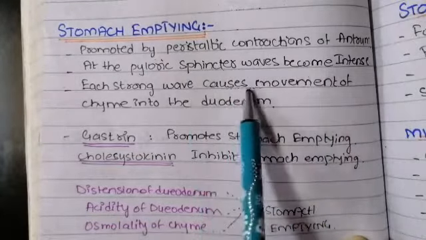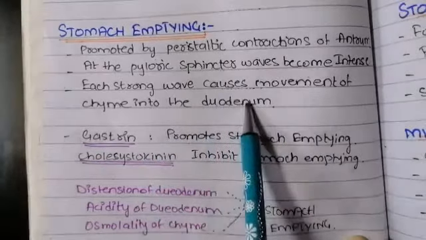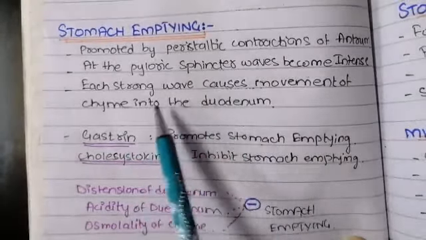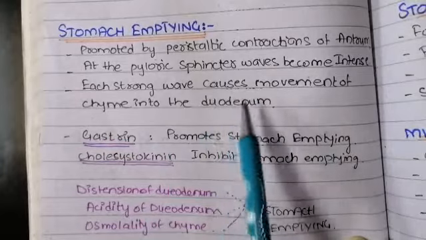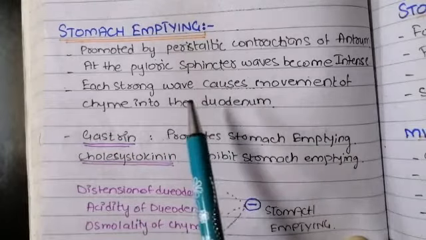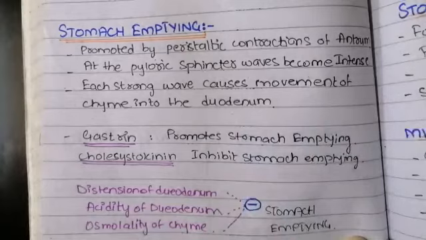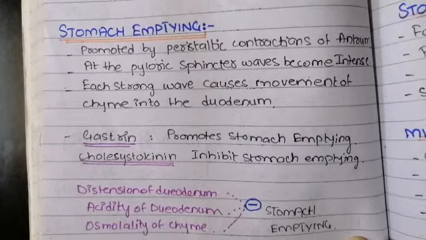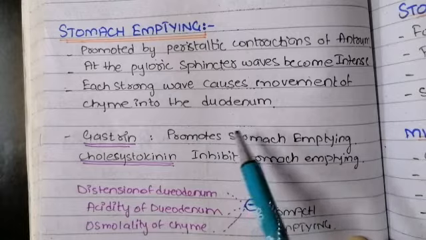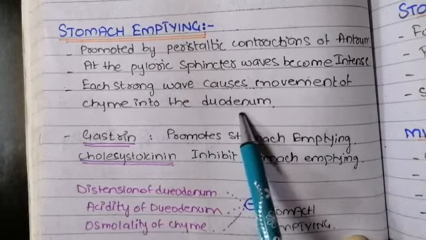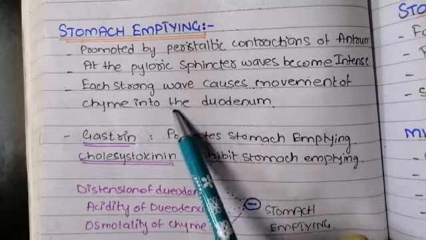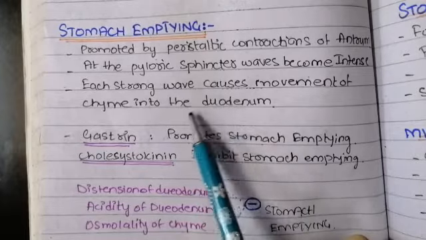Each strong wave causes the movement of the chyme into the duodenum. The pylorus is the area of the stomach where it joins with the duodenal wall. So when the waves at the pyloric sphincter become strong, they cause the movement of the chyme into the duodenum. That is simply the emptying of the stomach, from the food contained in the stomach towards the duodenum.